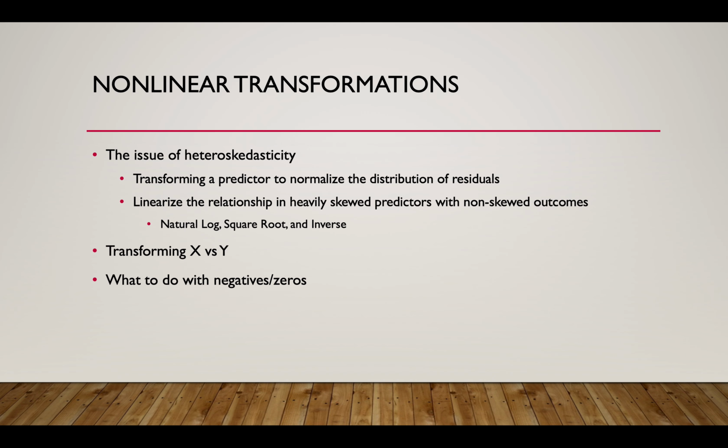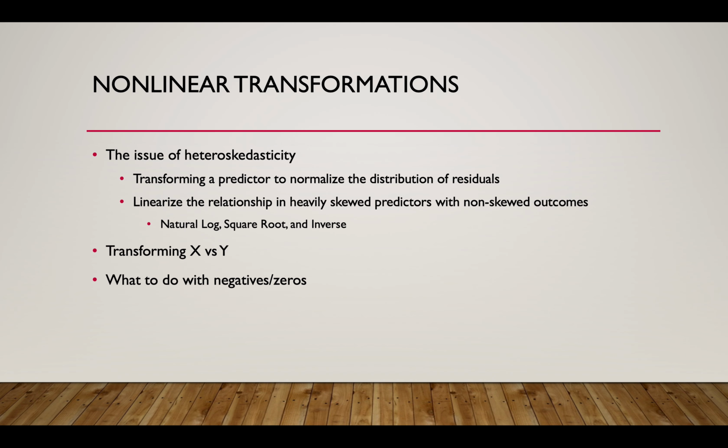And if you recall from last class and last video, that is heteroskedasticity. You can address this by transforming either your x variable or your y variable. You can do this using a natural log transformation, which we will do in class, or a square root transformation, or an inverse transformation.